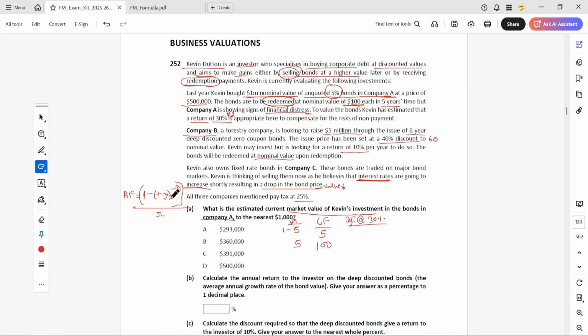Okay, so r is the interest rate per period.